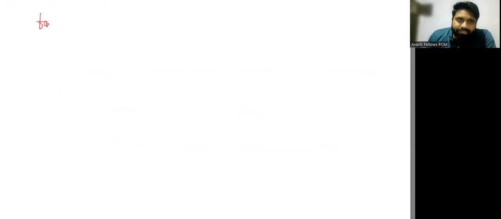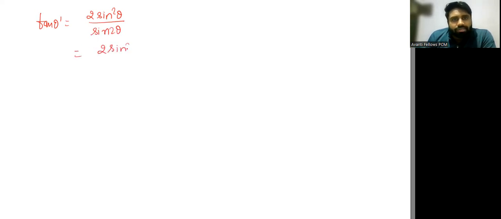So tan theta dash now is 2 sine square theta divided by sine 2 theta. We can open sine 2 theta also: 2 sine square theta divided by 2 sine theta cos theta. Now we will cancel this sine theta. 2 and 2 will also cancel. So it will become tan theta. And this is tan theta dash.